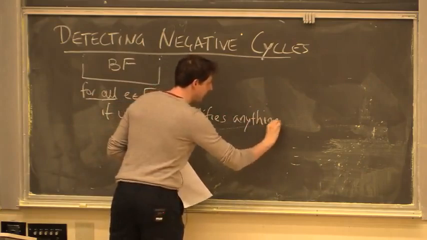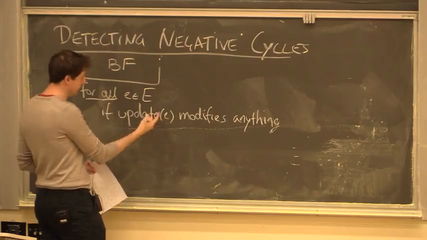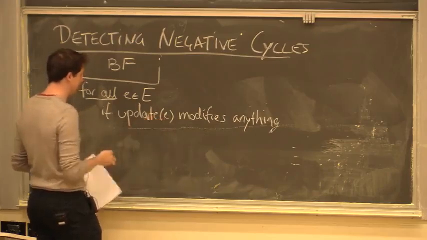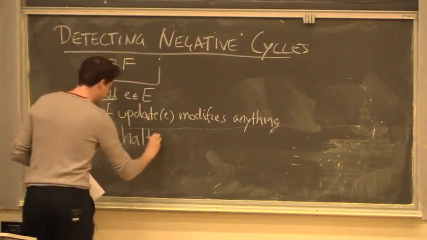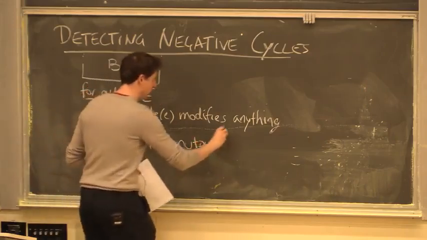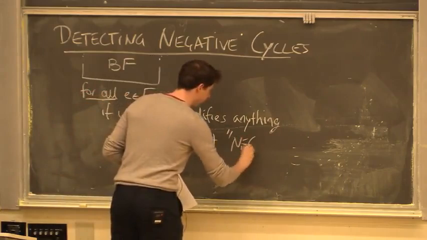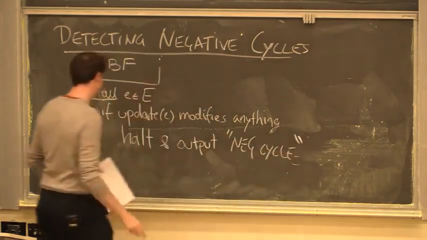By anything, I mean, it either changes the value of the estimated distance for either endpoint of the edge, right? Now you're going to say halt and output some message that says negative cycle.